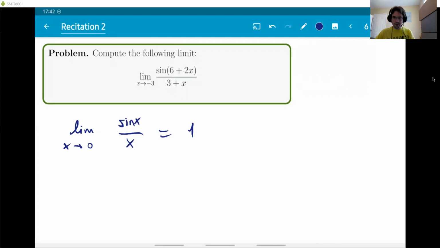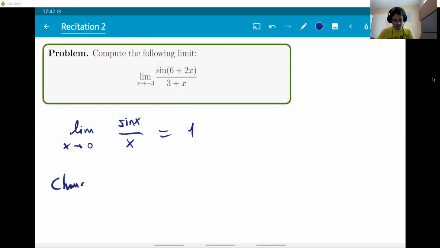It's sine of an expression divided by some expression, but x is not even going to 0. It's going to minus 3. However, we recognize that when x goes to minus 3, both of the things inside of the sine and outside here are also going to 0. So this looks very much like a sine of something that goes to 0 divided by something that goes to 0. We want to make sure that we can use that.